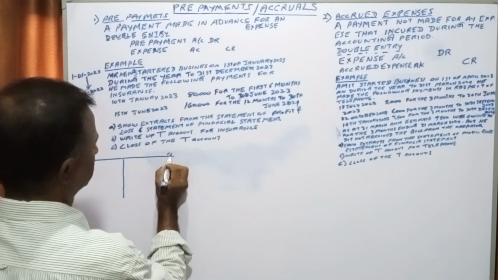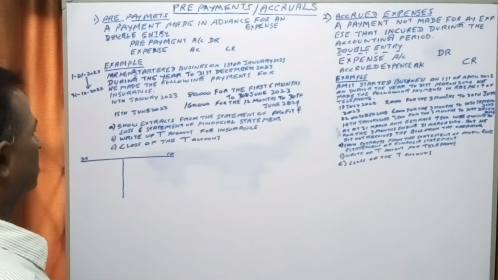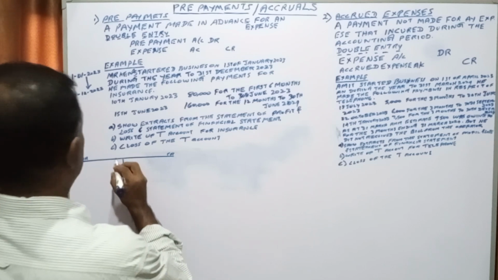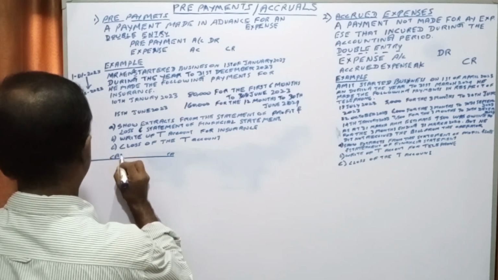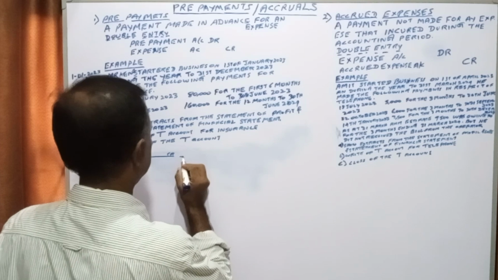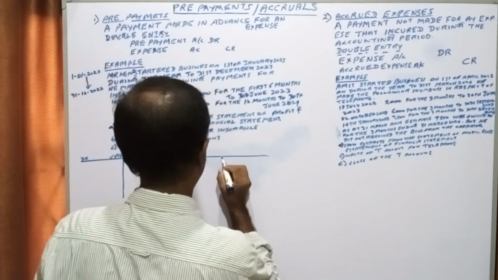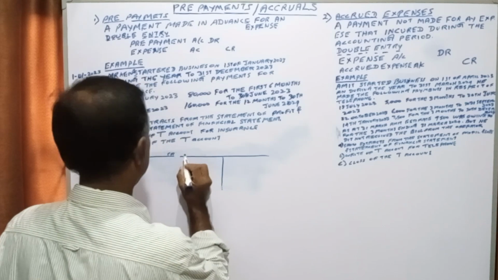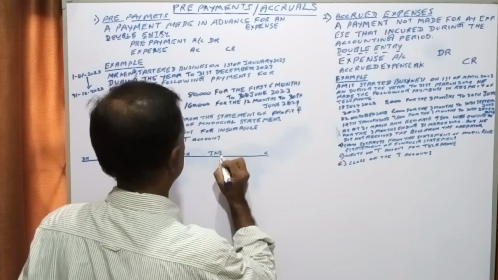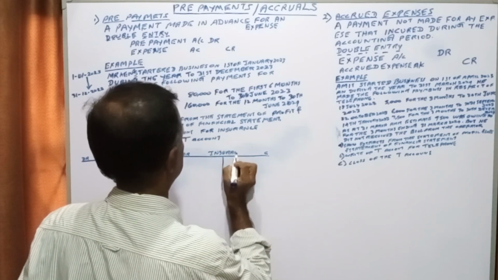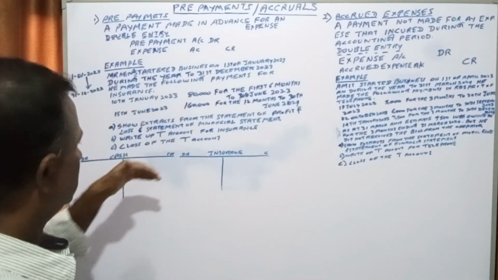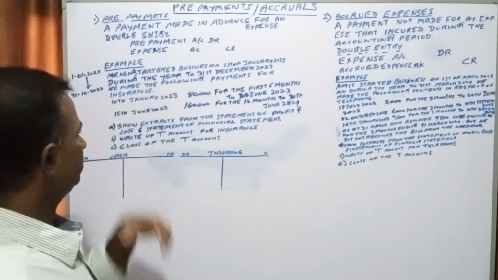Open the T accounts. Say cash. Second one is the insurance account. Insurance debit. Cash account and insurance account are going to be involved.